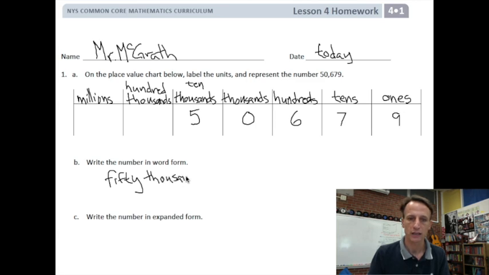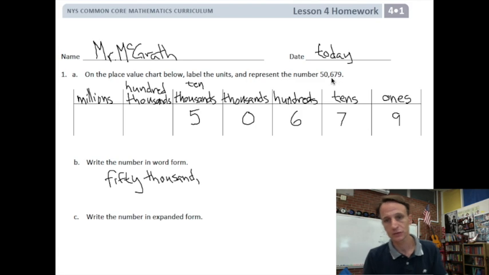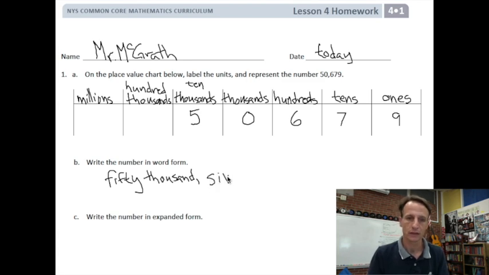And when we're writing in word form, after 1,000 we put, that's right, a comma. And then we come to these 3 digits, 679, and I just read them as a number. 679. 600. 79.